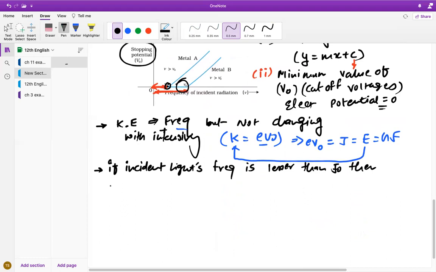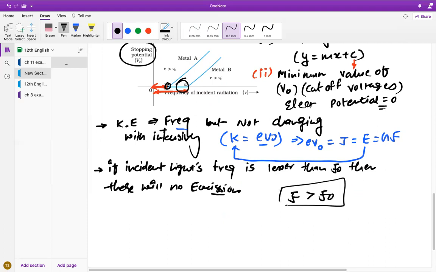If it is lesser than the threshold frequency, there is no emission. So it means that my frequency will always be higher than f0, only then will I receive this result. So this frequency is called the threshold frequency.